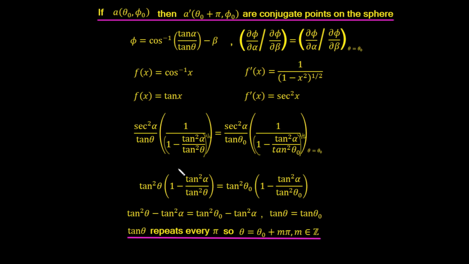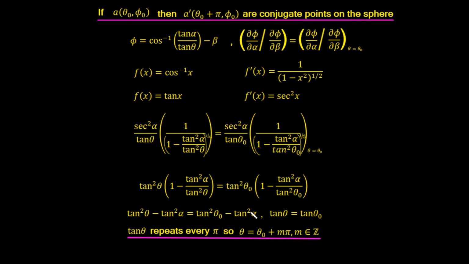Now when we multiply out the brackets here, we'll have tan squared theta, that's that one there. This will cancel with that and I'll be left with minus tan squared alpha. And on this side here, we're going to have tan squared theta naught. This will cancel with that and we'll be left with minus tan squared alpha.